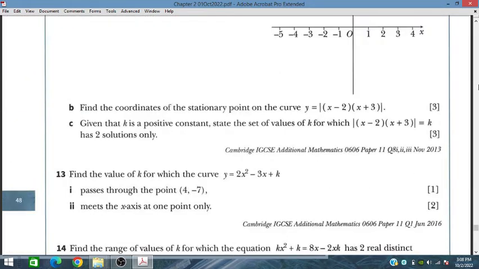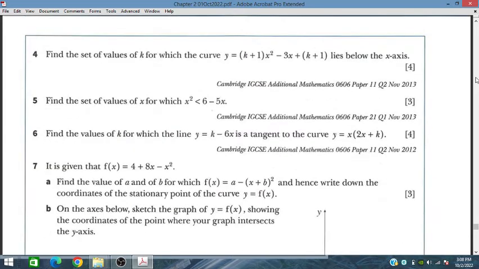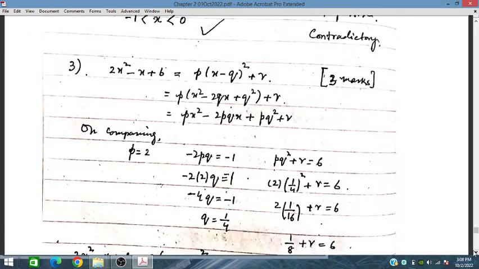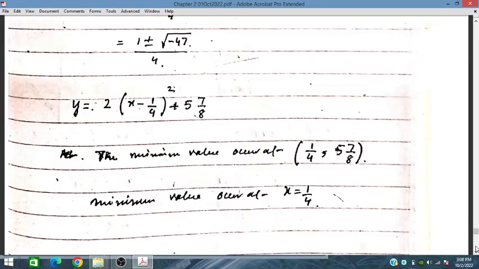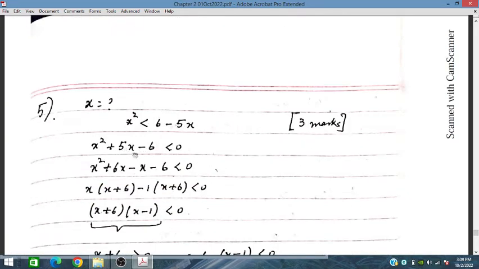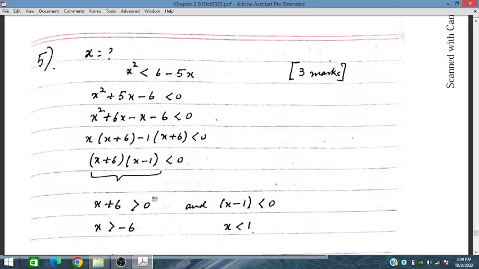Question number 5. Find the set of values of x for which this condition is satisfied. This is again an inequality problem. We will solve it like we did earlier. So we will shift it here and solve it.